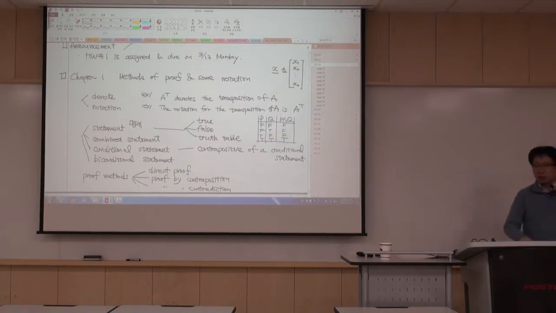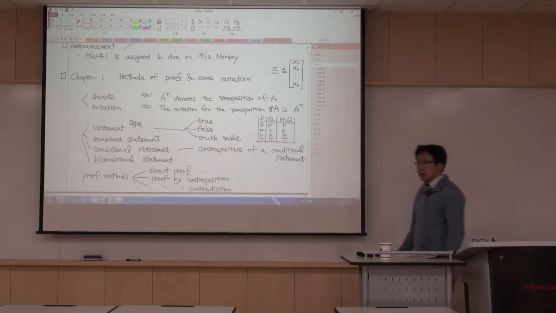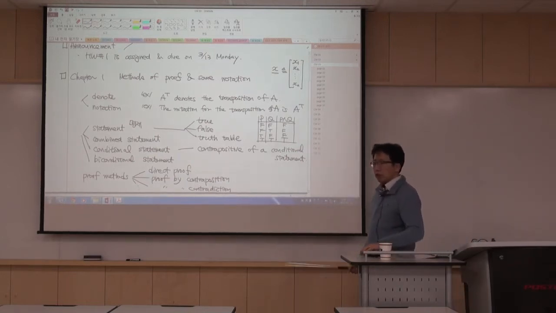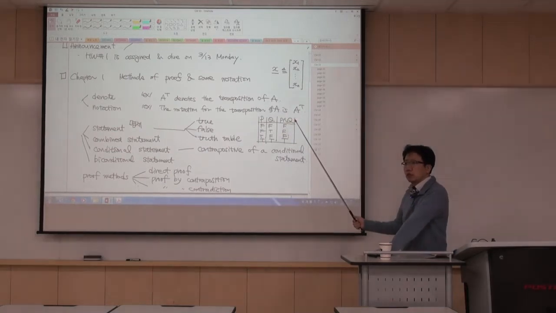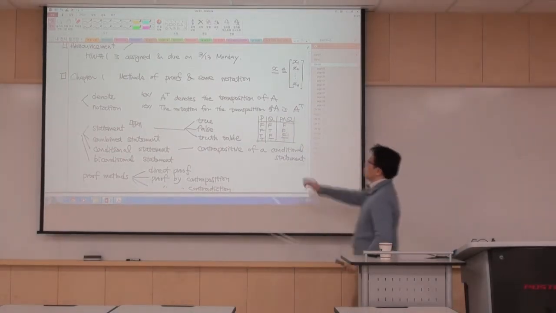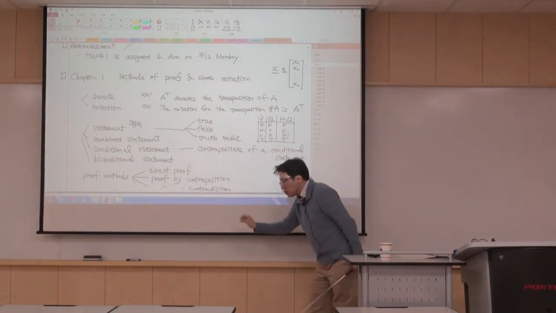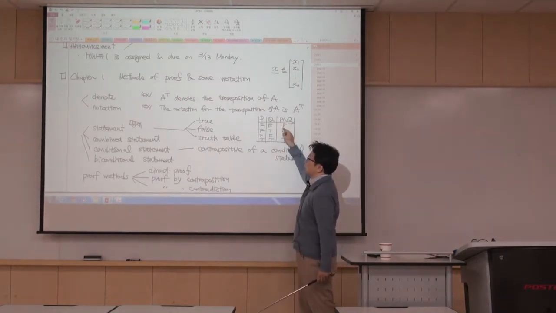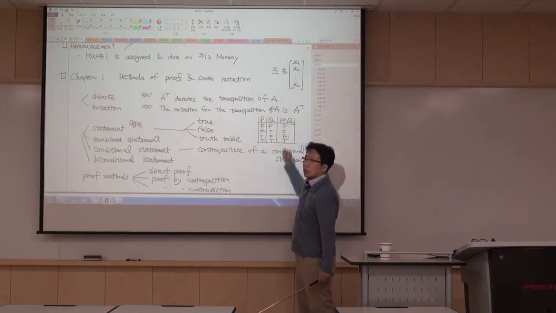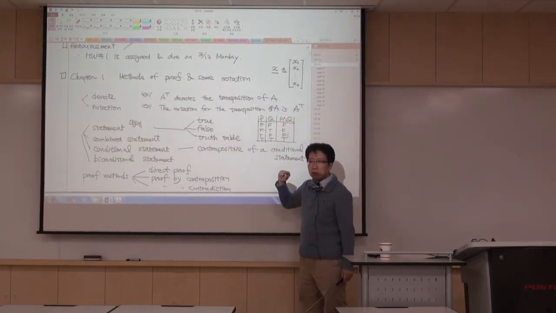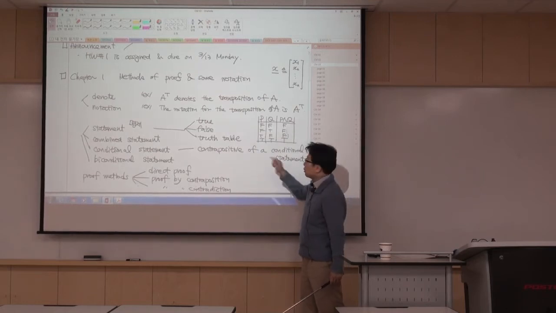So this is the truth table for the combined statement P and Q, and whether a statement in this form is true or false depends on its component statements' truth or falseness.